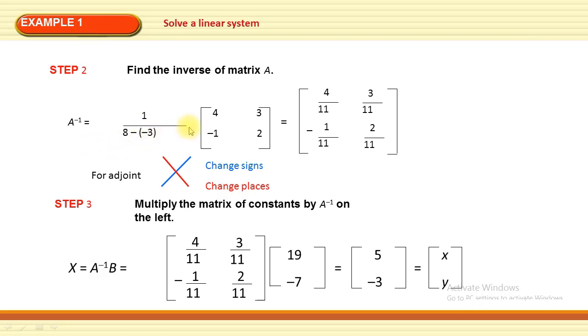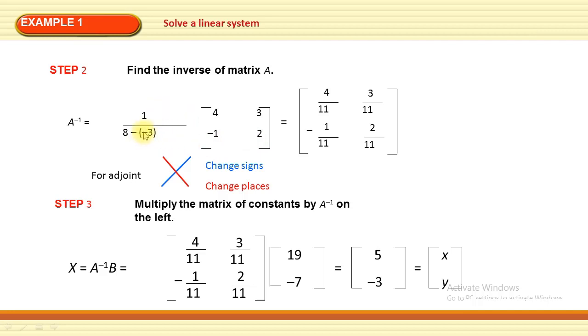For the adjoint of the matrix, change the sign of one diagonal and change the position of the other diagonal. So we obtain the adjoint of the matrix as 4 3 minus 1 2.